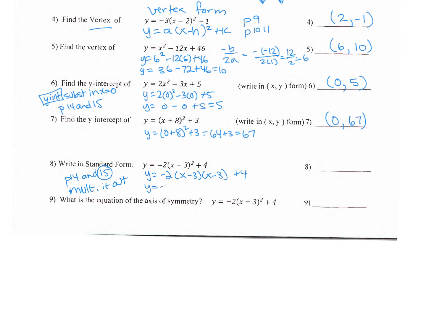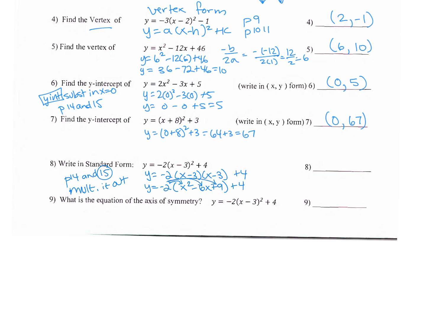Now this is -2 times x minus 3 squared. So when I write this, I'm going to keep a parenthesis. It's -2 times my answer. When you box or FOIL x minus 3, we should be getting x squared minus 6x plus 9. If you have trouble getting that answer from the box or FOIL method, please come into office hours so we can look and see what you're doing there. But we've been doing that for quite a while, so hopefully it's fine.